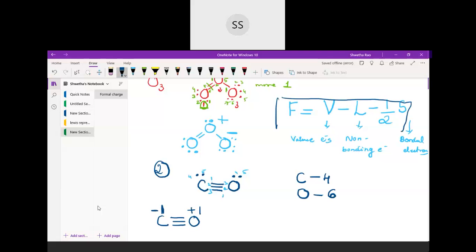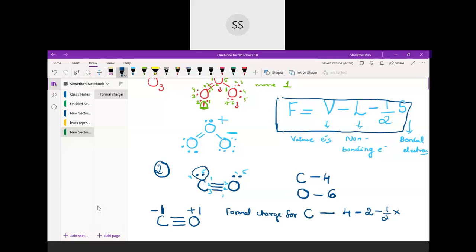If you want, we can calculate this using the formula to calculate the formal charge. I will substitute and show you how exactly it works. We will calculate the formal charge for carbon first. Formal charge for carbon: valence electron is 4. So 4 minus the lone electrons, the non-bonding electrons; the lone pair of electrons is 2, and then minus half into shared electrons.